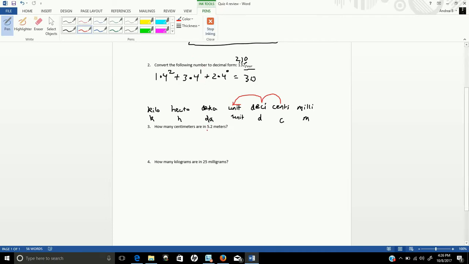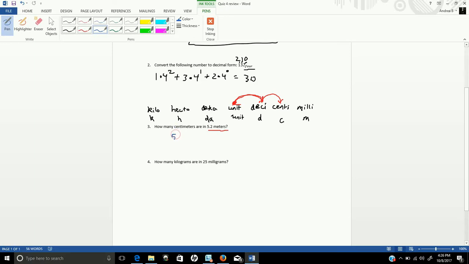And then here, that would be going from centimeters to meters. But in this case, we're actually given it in terms of 5.2 meters. So if we're starting at the meters instead, we're starting at the units here, and then we're going over to the centimeters. So it does make a difference what order those are written in, which one you're given. In this case, we were given the meters and we're trying to get to the centimeters.